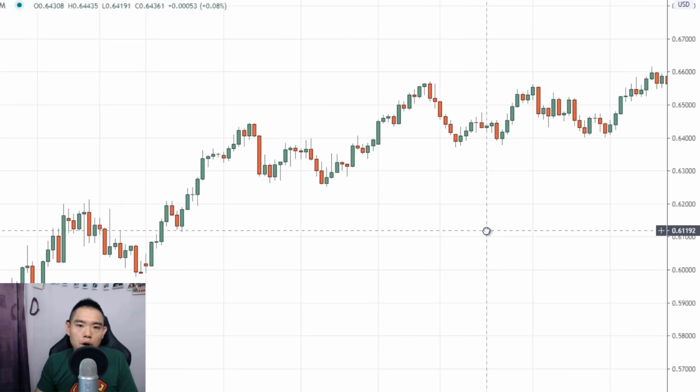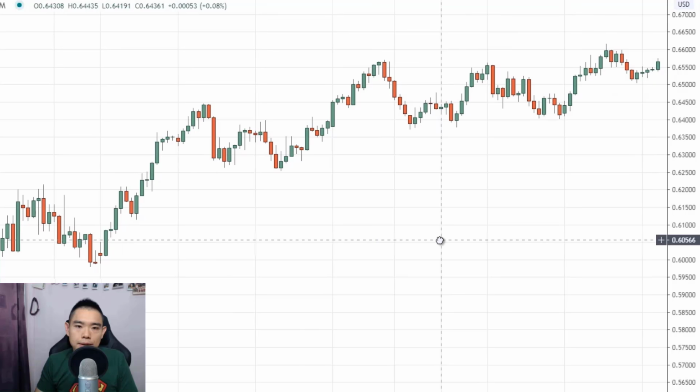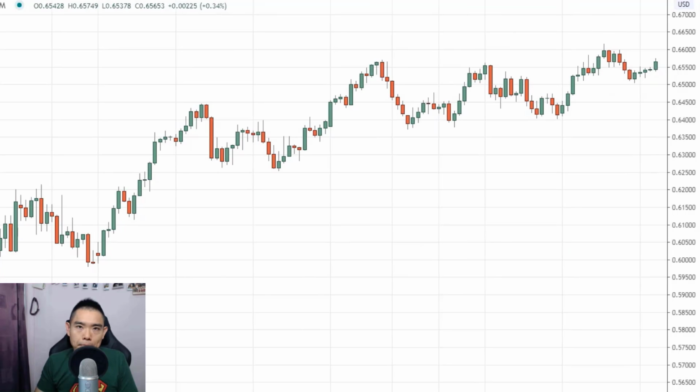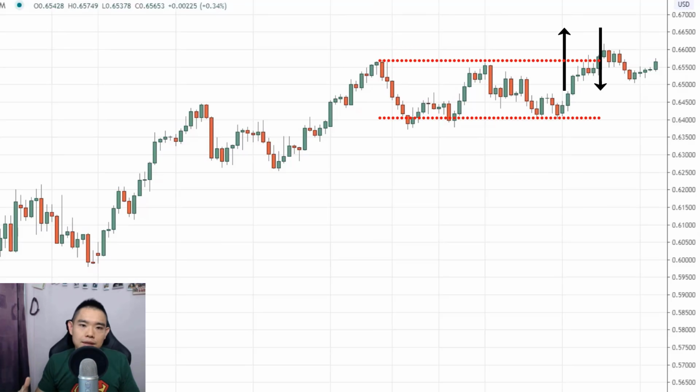Another way you can put it for more aggressive traders is that if the price breaks out, let's say over here is the breakout level, and it comes back to the middle of the range here, then clearly the breakout has failed as well. It doesn't mean that the trend is invalidated, but it means that the breakout trading setup that you have traded is invalidated, because it doesn't look like how a breakout should be.